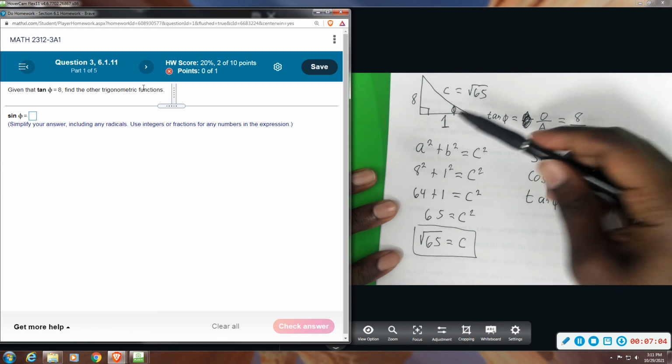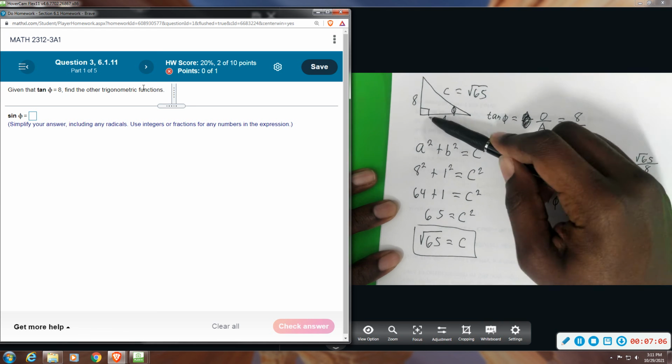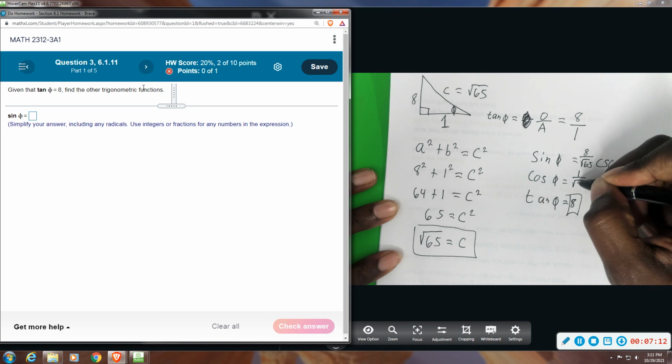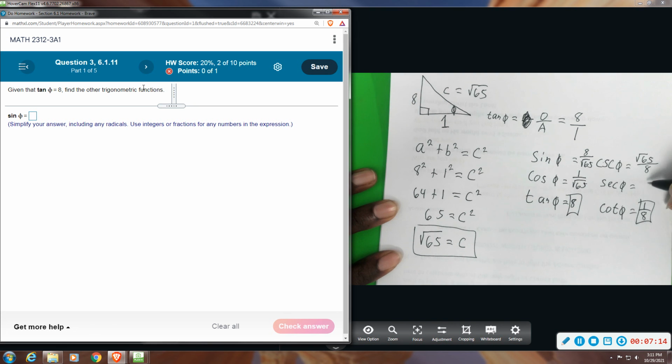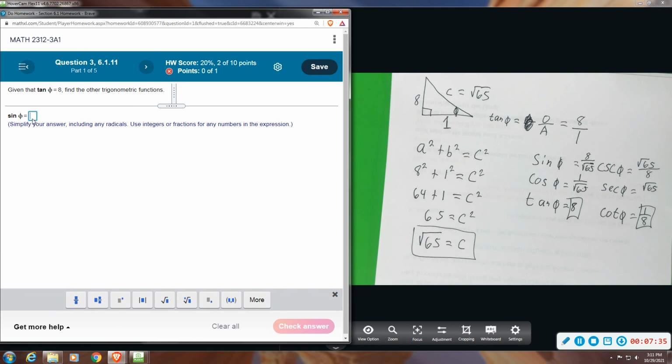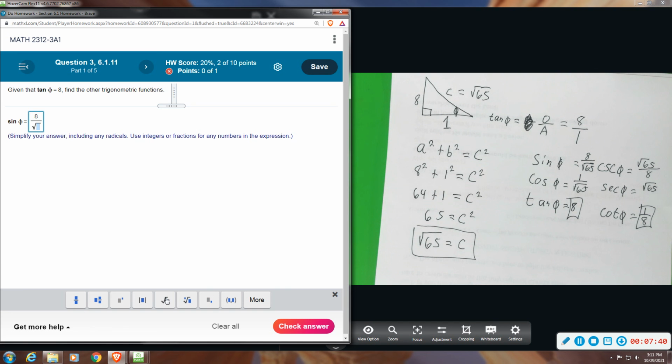And then cosine is adjacent over hypotenuse. So this would be 1 over the square root of 65. And secant would be the square root of 65 divided by 1. When you divide by 1, you get itself. So again, the ones with square roots on the bottom, you want to rationalize. I'm not going to go through the process, but I will rationalize them both. Or actually, I'll just leave them both the same, just for the last time doing that. So we'll say sine is 8 divided by the square root of 65.